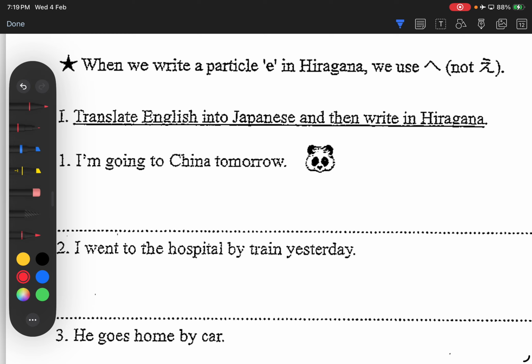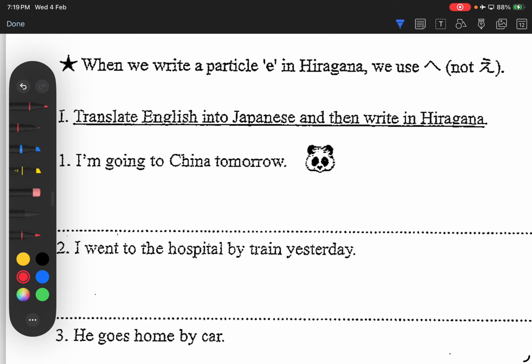Okay. The verb here is ikimasu. So the particle should be the directional particle, right? So ikimasu, it is going towards Japan. Yeah, so going towards China. But ni is when we are entering an enclosed space, a very small space.